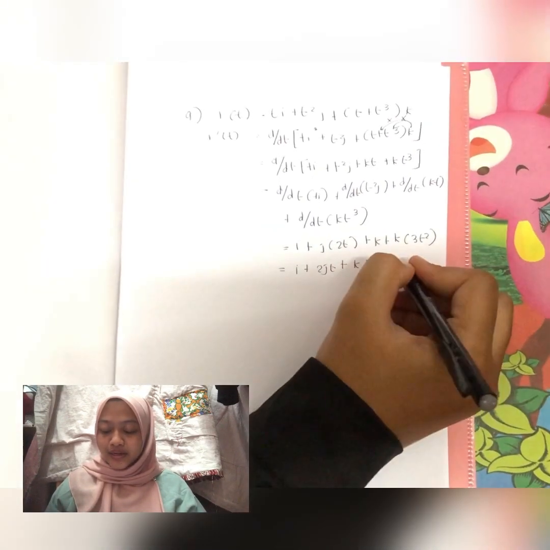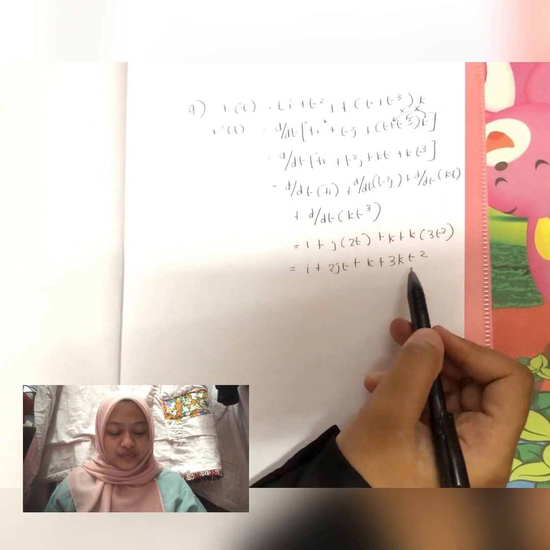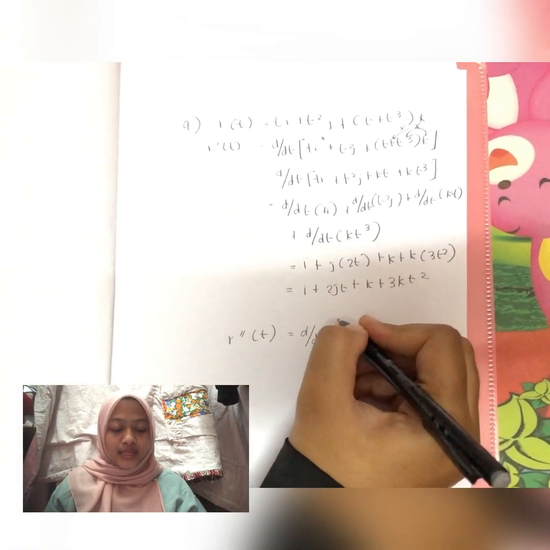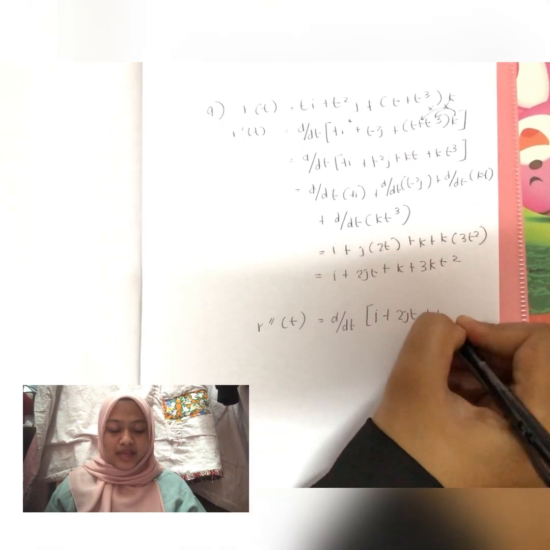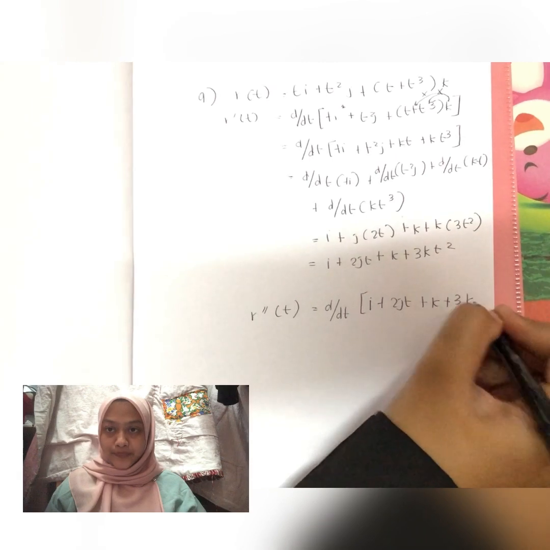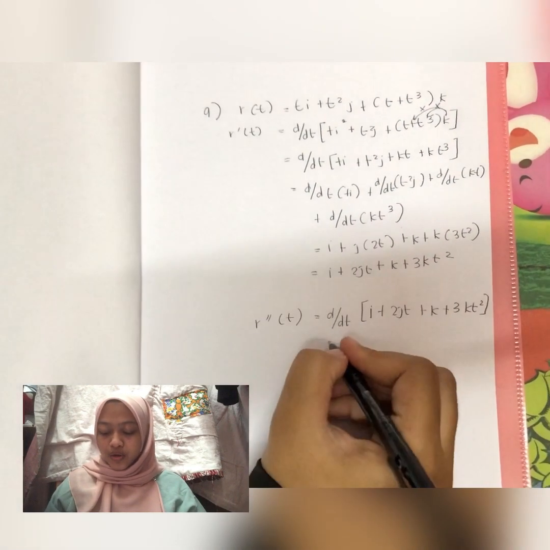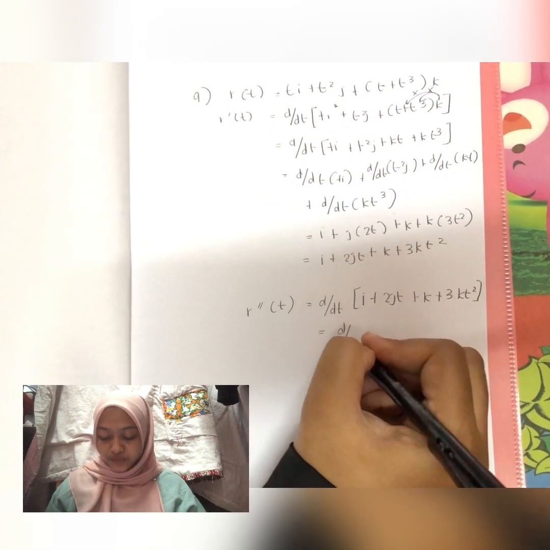Then find the derivative, r double prime t, equals d over dt of (i plus 2jt plus k plus 3kt squared), which we got from the previous answer. Then we need to use the differentiation rule.